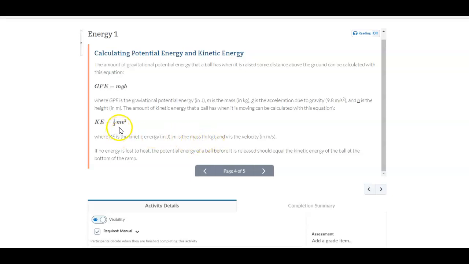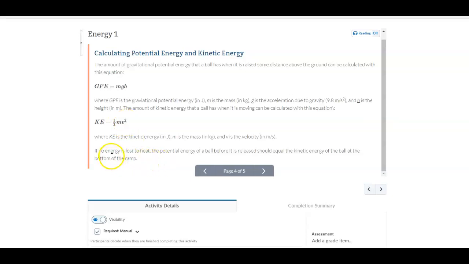We know the ball is going to be moving, so we have velocity, and we're calculating velocity in meters per second. Don't get these two confused. I've had students that try to start squaring numbers with meters per second when they're using this formula. There's nothing to square here. This is just a unit of measurement. But down here in this formula, you'll notice that this is the velocity squared. So you are squaring this number.